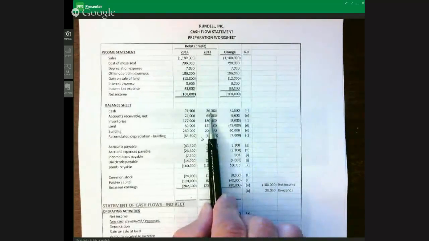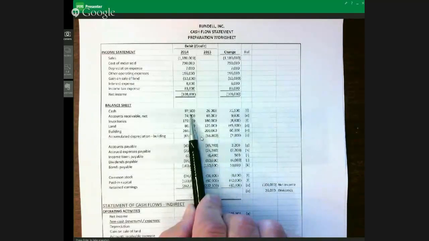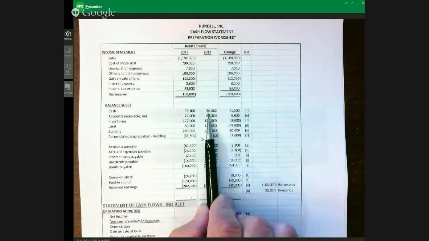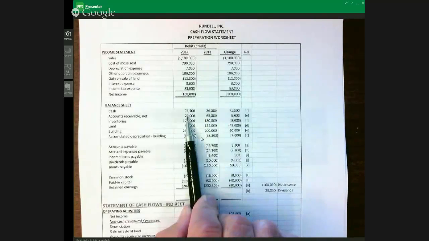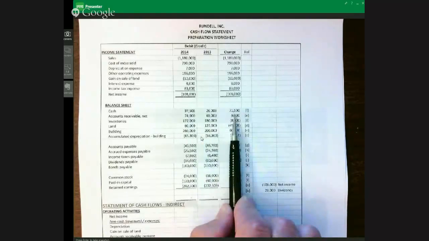So, for example, for the Rundell Company, the business owner will see that cash has gone up from $26,000 in 2013 to $97,500 in 2014. And so the owner will see that cash has gone up $71,500.